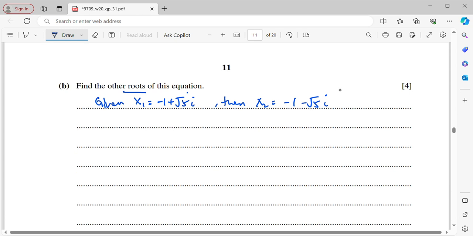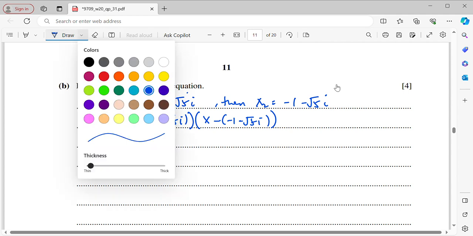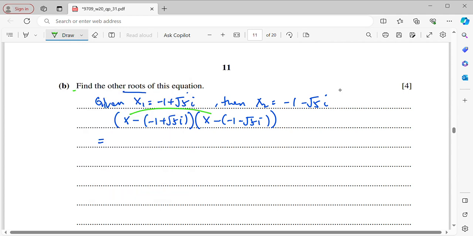Okay, write these two roots as a factor. So to get the factor is x minus the root itself. So x minus (minus 1 plus square root 5i) multiplied with x minus (minus 1 minus square root 5i). So this is how we get the factors. So now you just do expansion. Right, x times x, then x times the second bracket, then do expansion.